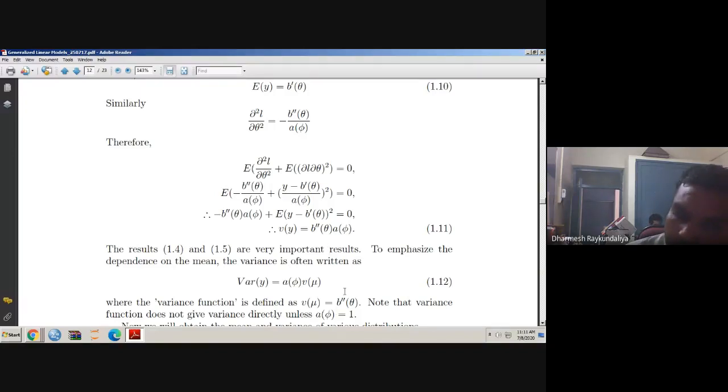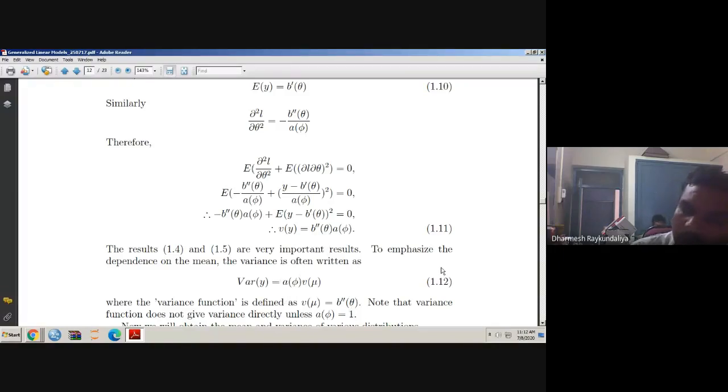Suppose you find out the mean and variance of the Poisson distribution. What is the mean and variance of the Poisson distribution? It is the same, lambda, or in our case we have considered mu. So the mean and variance of the Poisson distribution are the same, and it is mu. So here b double dash theta is also mu. When is that possible? When a phi is equal to 1.